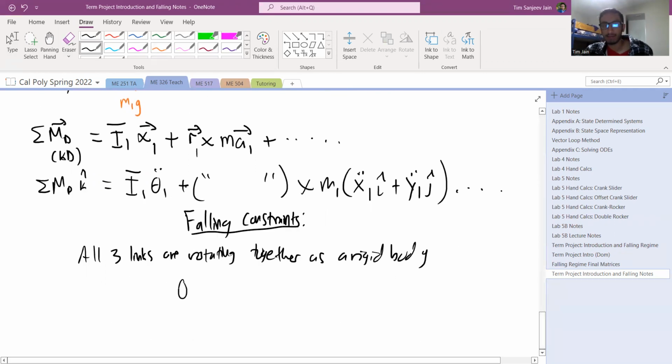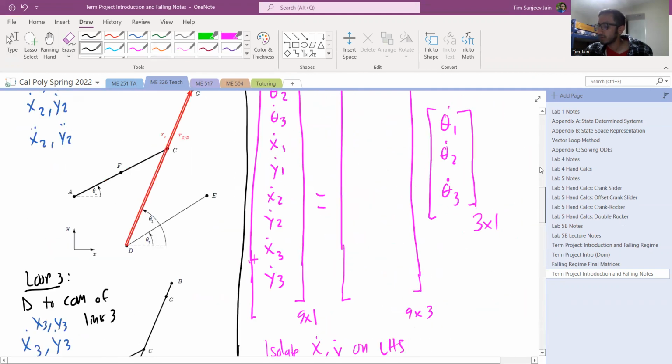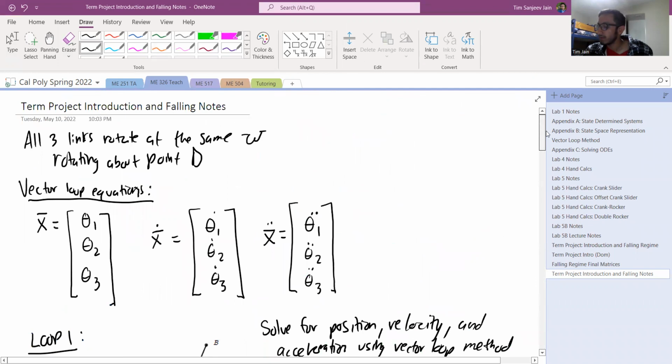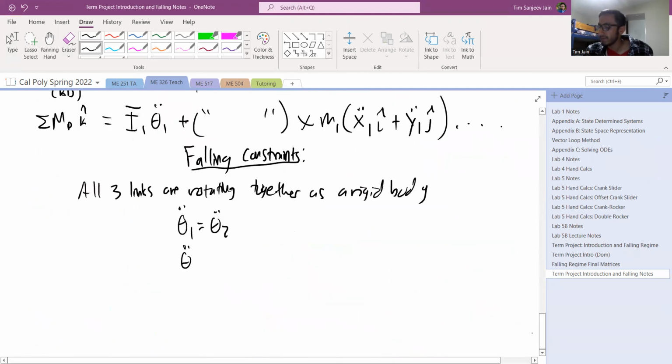So that means that theta double dot 1 is equal to theta double dot 2 and theta double dot 3. Did I say constant omega in the beginning? Because that's not true. Sorry. Theta double dot 1 is equal to theta double dot 3.